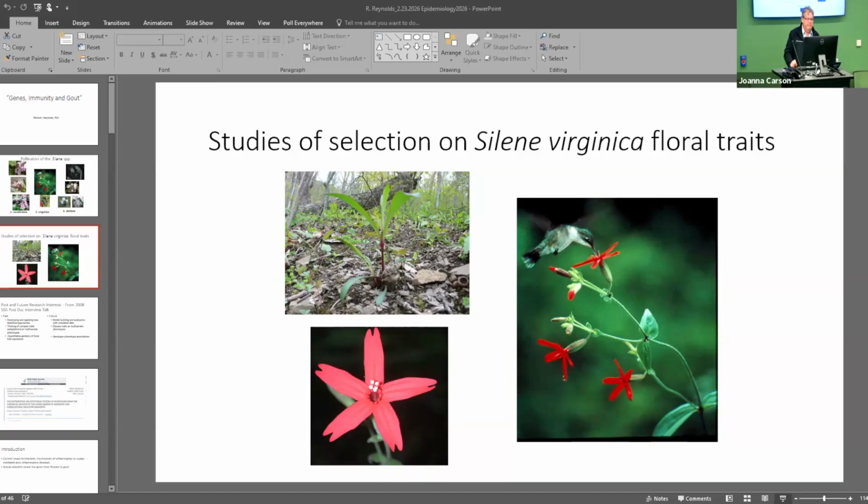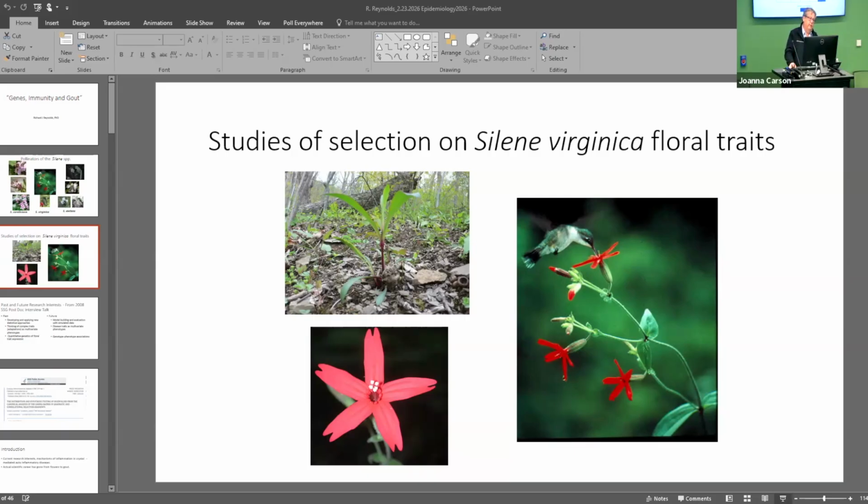This is kind of busy, but on the diagonal are the heritabilities for the different traits that I just showed you as a bar graph. And on the off-diagonal are the genetic correlations, which estimate the shared genetic component for the pairs of traits.